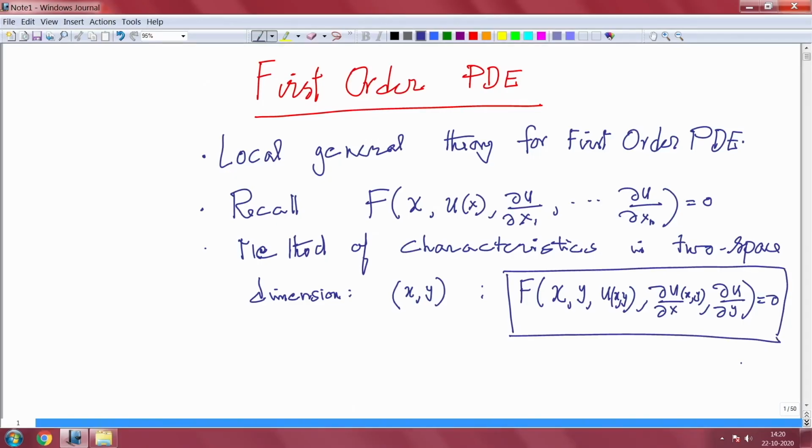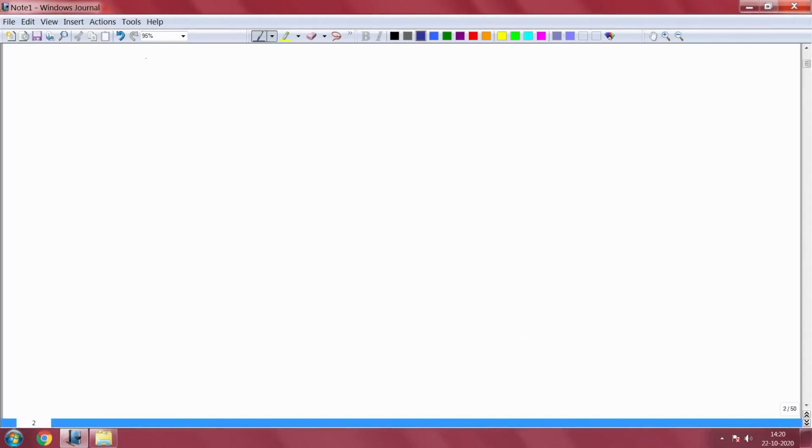So, we will start with an example to begin with, that is better. You have an example to motivate what this characteristics is all about. Let us consider in this particular case, instead of y, I am going to use u of x t.